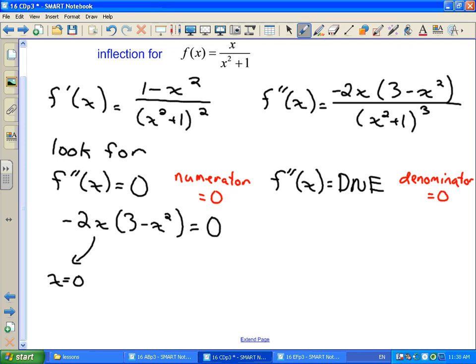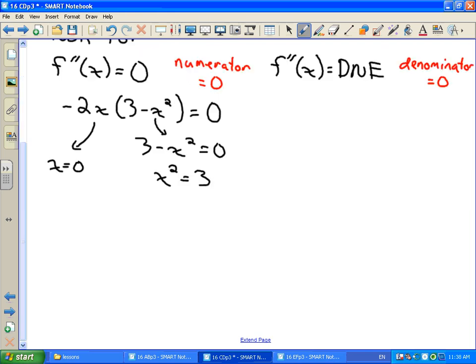And we're going to have 3 minus x squared equals 0 from that term in the brackets, which gets us x squared equals 3, or x equals plus or minus root 3. Root 3 is about 1.73 here, just so we have some idea of the value.